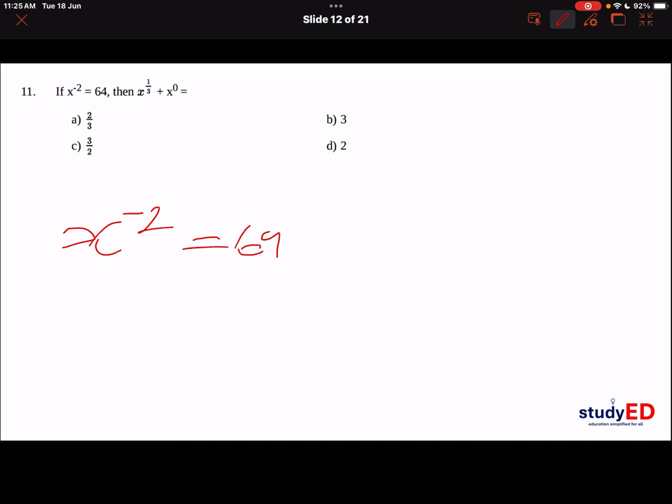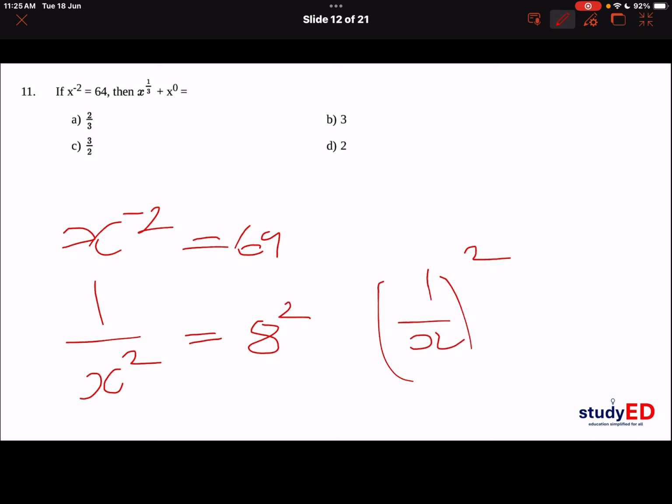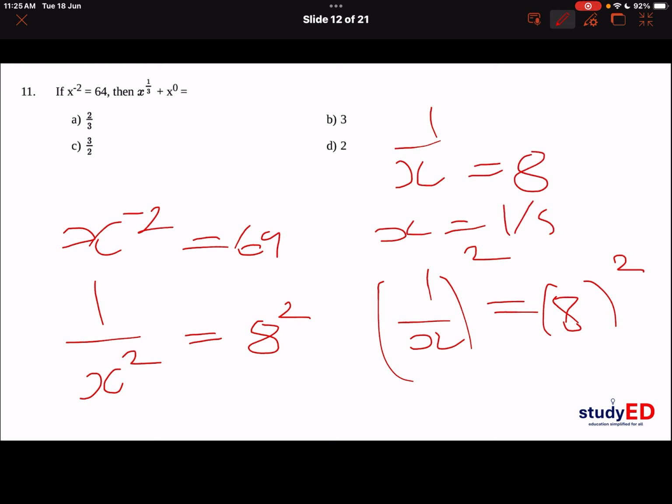This time let's take equal powers. So we can say 1 by x square is equal to 8 square. Take this whole 1 by x, the whole square is equal to 8 square. Hence, we can say that 1 by x is 8 and x is equal to 1 upon 8.